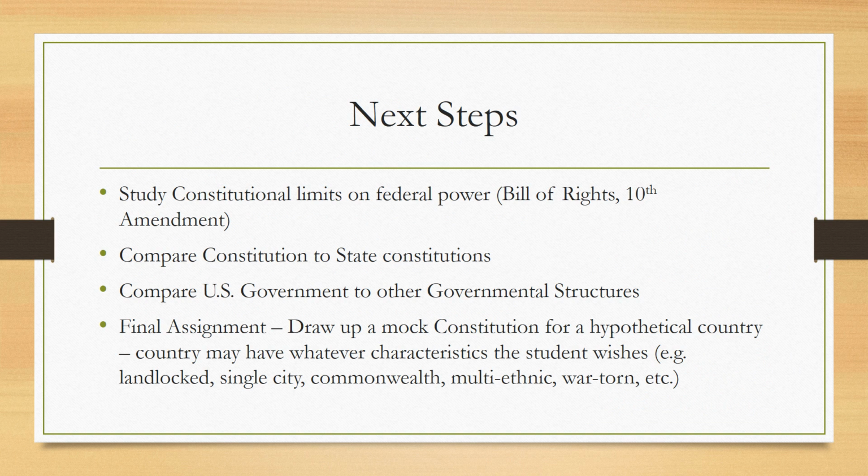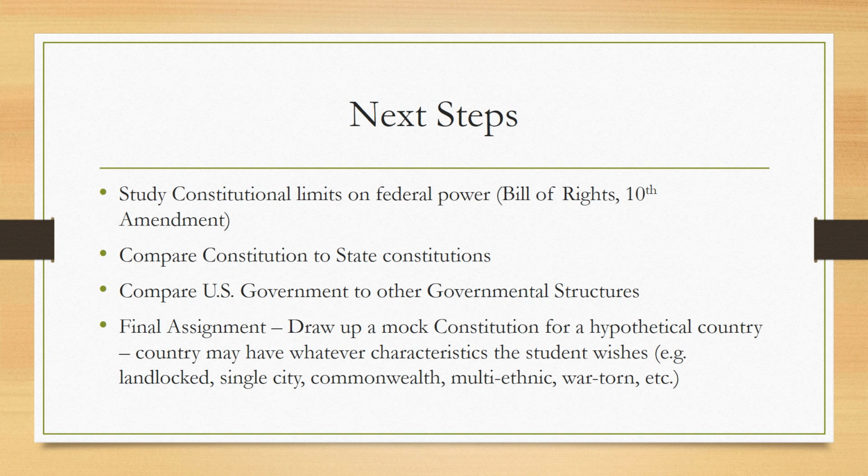Finally, next steps. After this class, the first thing to do will be to study the actual constitutional limits on federal power. These are the limits that the Constitution expressly provides for to check the expansion of the federal government.